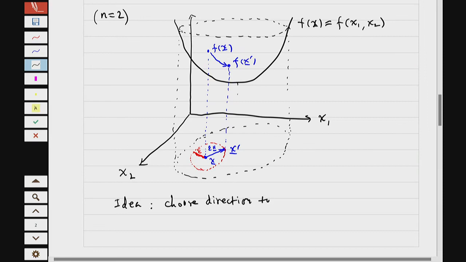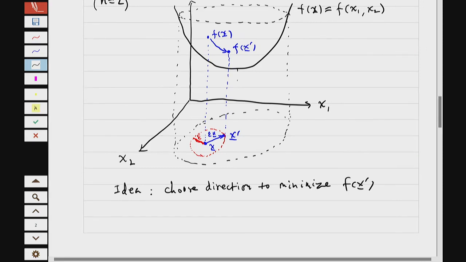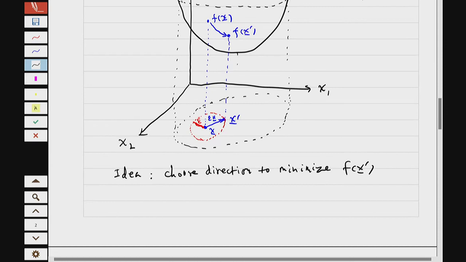So choose the direction to minimize f of x prime, but in a small step, epsilon. Right now we don't talk about how to design epsilon yet. Just say we know the epsilon now. We just need to decide the direction.